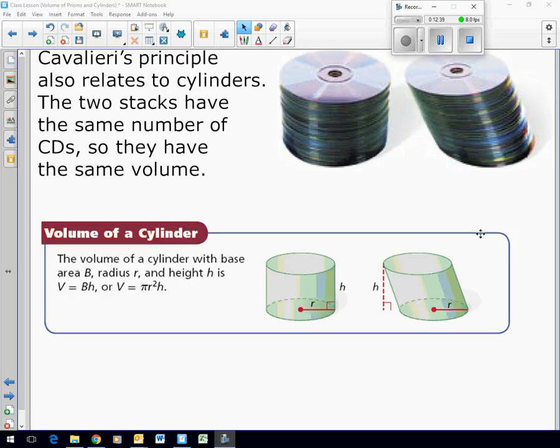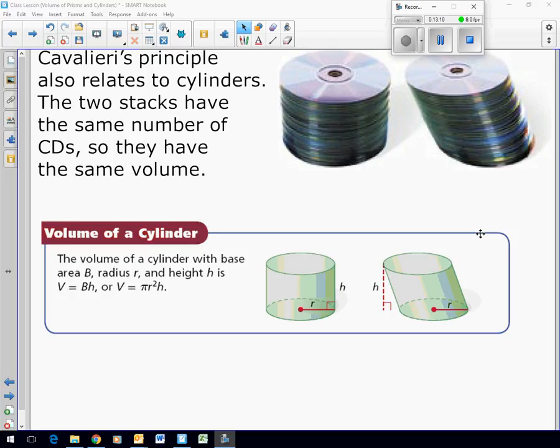And we can try and trick you. Here's some of the tricks we play. We say stuff like this. So I got one cylinder, looks like this, and then I got another cylinder, and it looks like this. And what I do is I say the radii are equal, and the height is also equal.